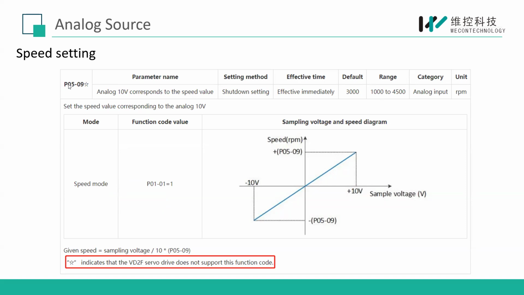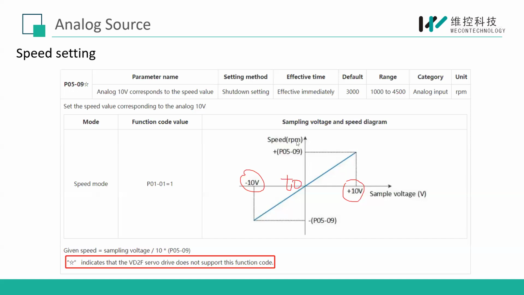We use this parameter P5 and 9 to set it, and the value is in RPM units, corresponding to 10 volts input, because our analog input voltage range is from negative 10 volts to positive 10 volts, and this range we can't change.